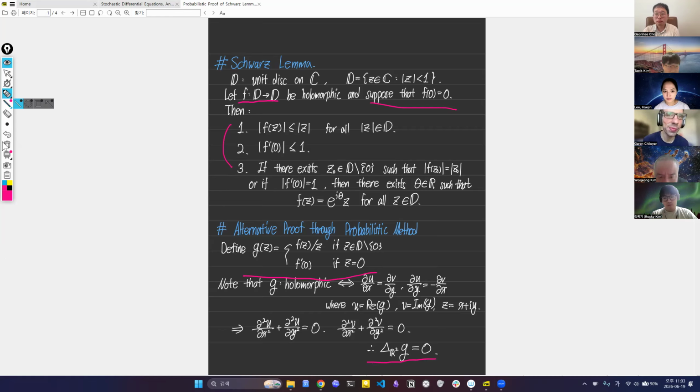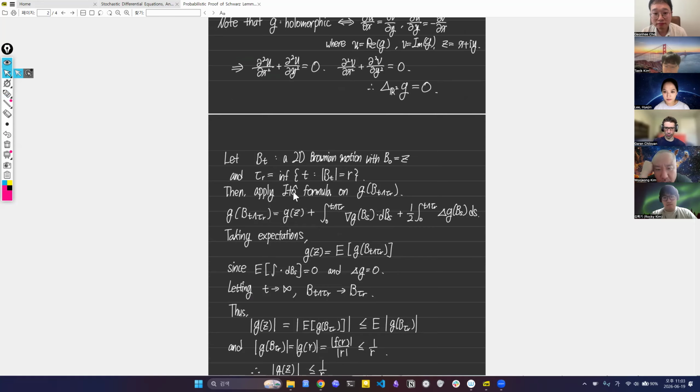I mentioned that the operator can be translated into the language of diffusion, and in the case of the Laplacian, it is exactly Brownian motion.